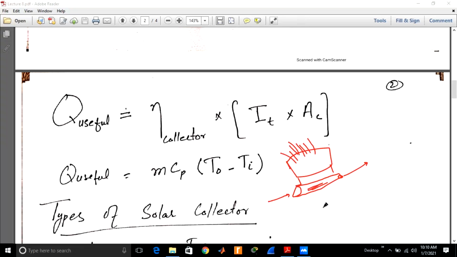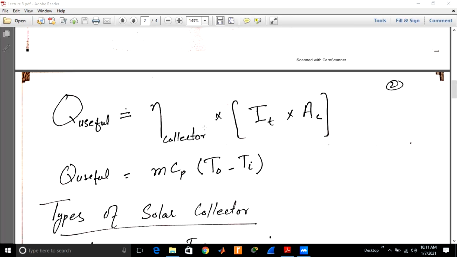And how will you calculate this useful heat? There will be the efficiency of the collector, and the total intensity of the radiation. This total intensity will be the sum of beam radiation and diffuse radiation, and there is the effective area of the collector.